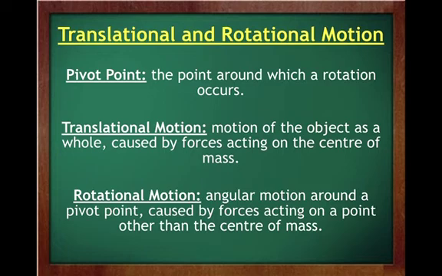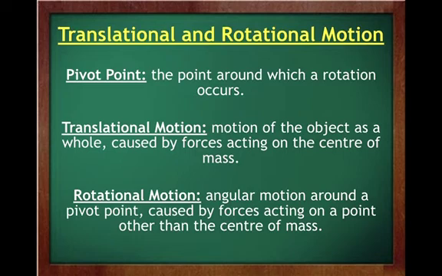But then we also have rotational motion, where we have angular motion around a pivot point caused by forces acting on a point other than the center of mass. You can think about a door, where you don't necessarily press on the door at the center of its mass, you press on it on the side, and that causes it to start to rotate.